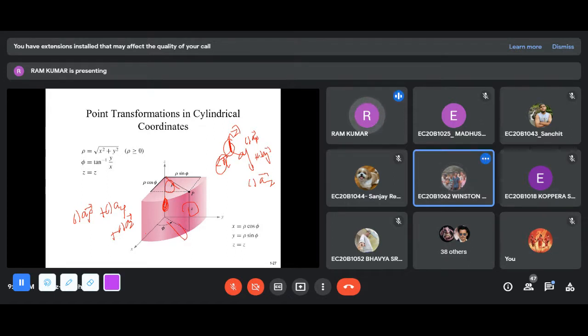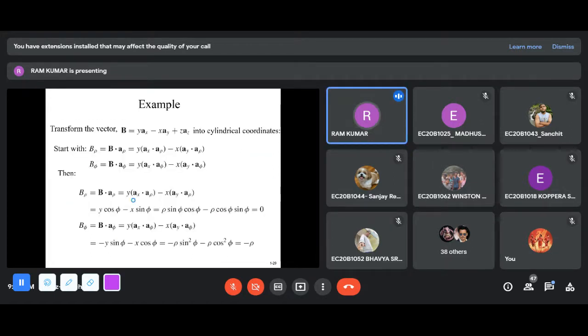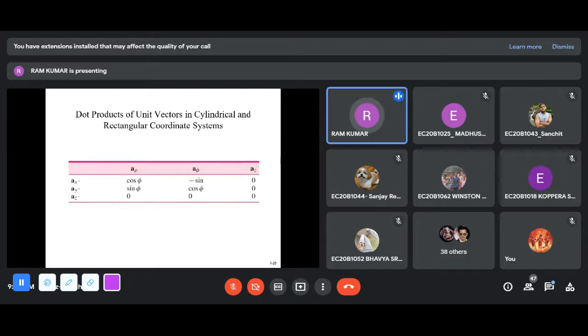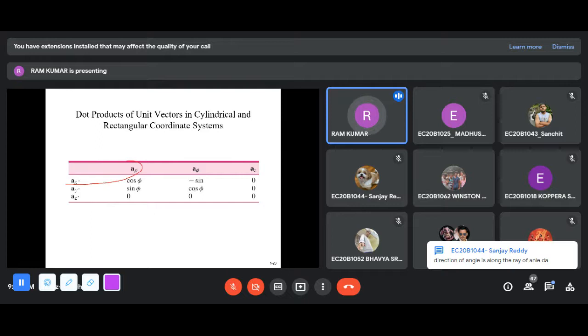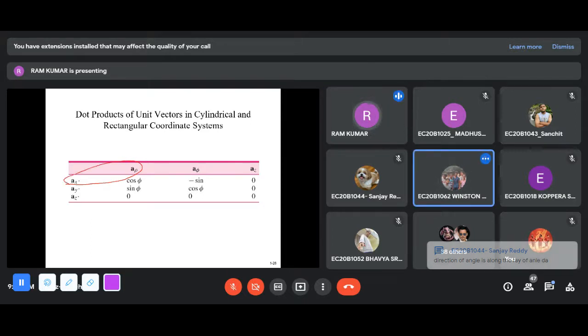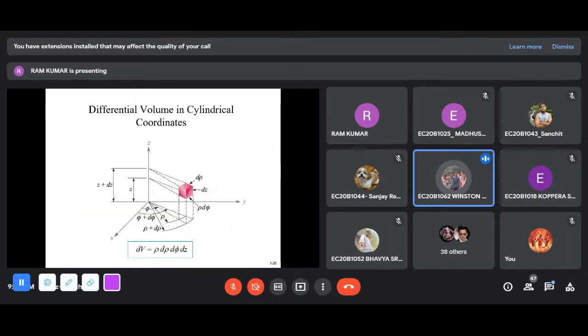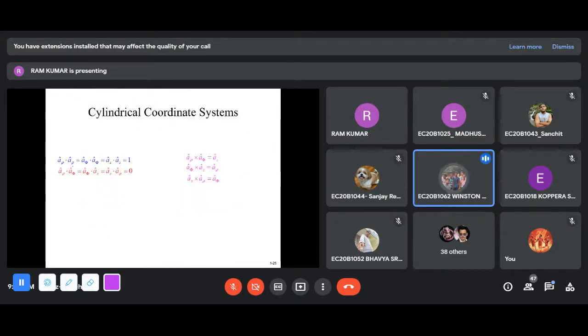This is not a dot product between angles. This is actually the a_x vector. Before we did the dot product between a_rho and a_phi. How do we say the angle between them?